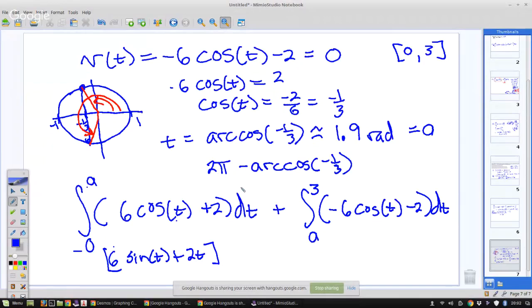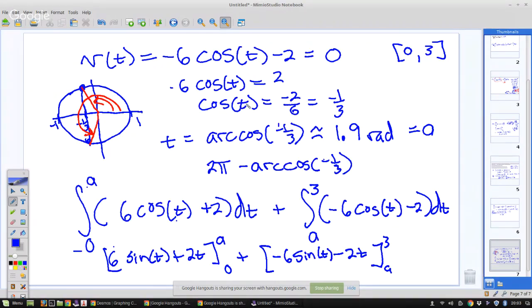And then next, that negative sticks around: negative 6 sine t minus 2t. That one is evaluated from A to 3. So now it's a matter of just plugging in those numbers, and this is a calculator problem at this point to get the rest of it.